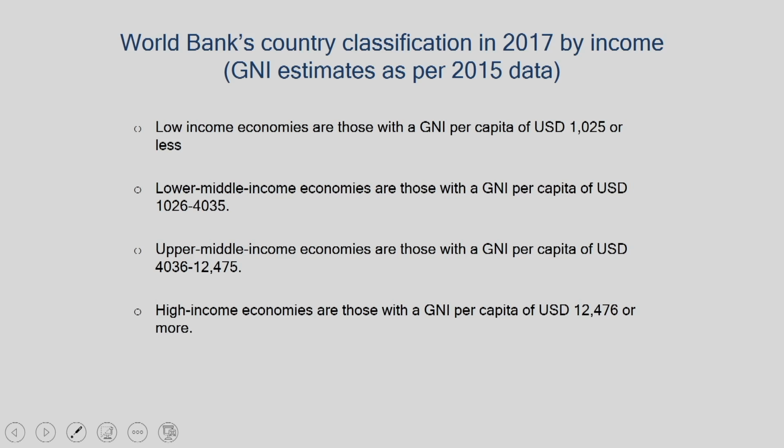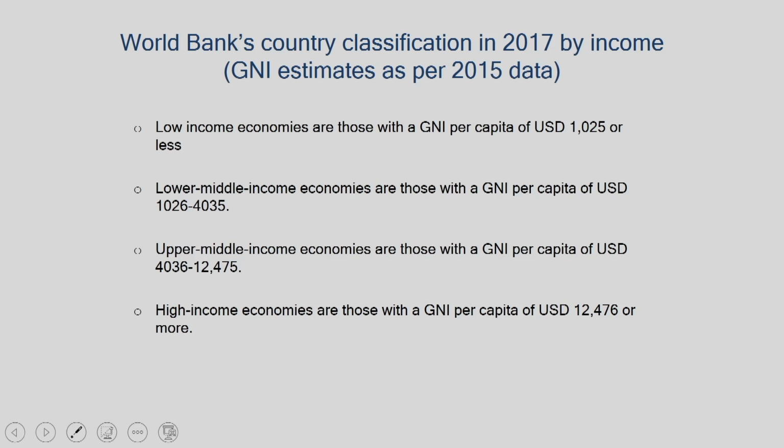I have used the estimates from the recent World Development Indicators report of 2017, which uses gross national income estimates as per 2015 data. Going by the World Bank classification by income, there are 4 country categories, and this is mainly used for operational and analytical purposes.